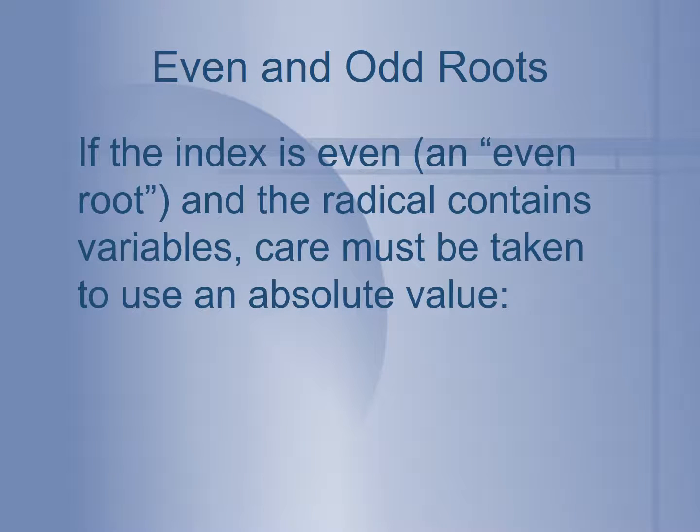So let's talk about even and odd roots. If our index is even, an even root like a square root or a fourth root or a sixth root, and the radical contains variables like x's and y's, then we have to make sure we're using absolute value.